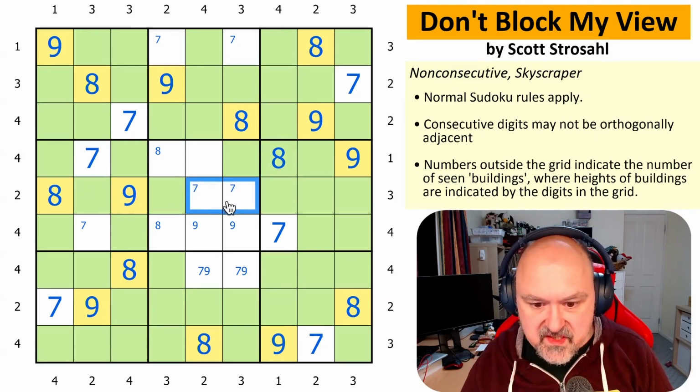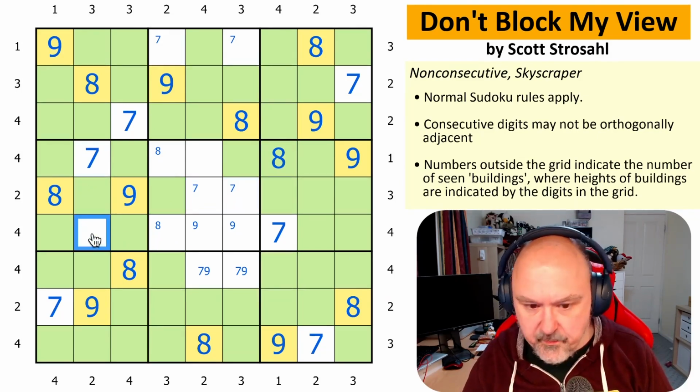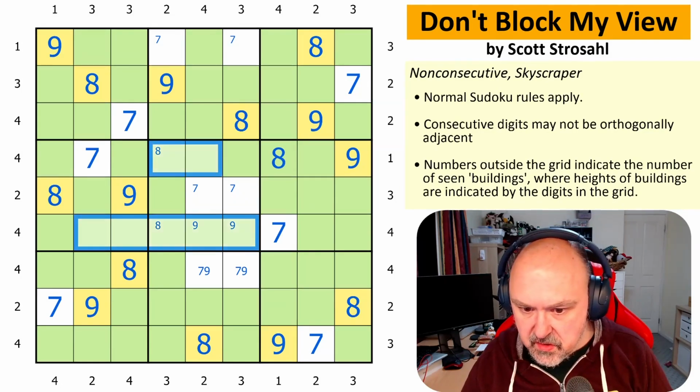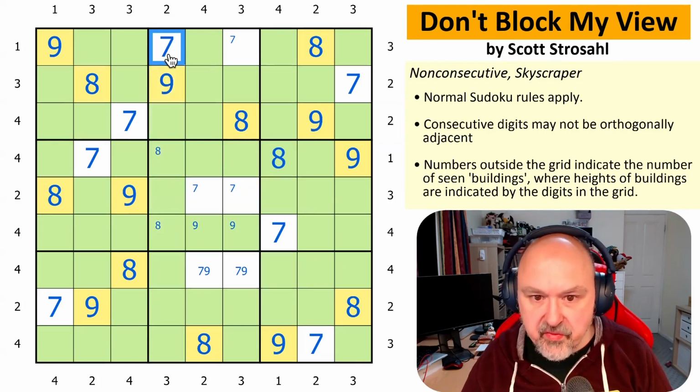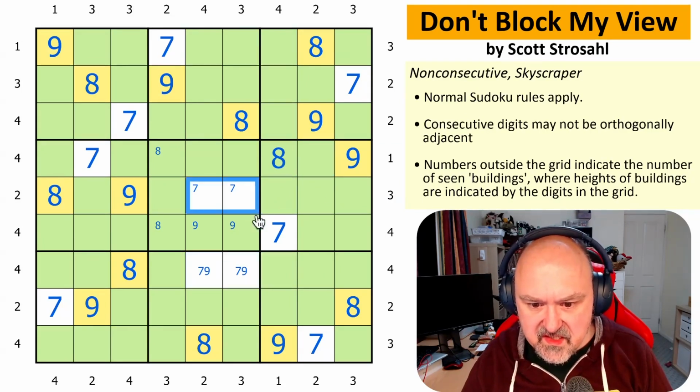I have no idea how you do this sort of stuff, but it is masterful to watch and a pleasure to solve. 7 in this column now must go there, so that's not the 7. And I'm now down to these. It is beautiful to watch.